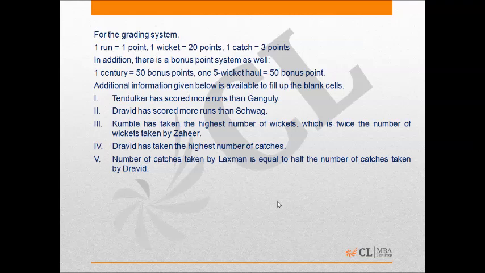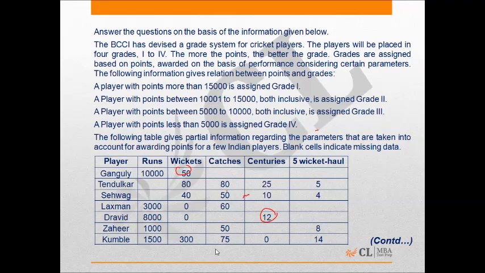Kumble has taken the highest number of wickets, which is twice the number of wickets taken by Zaheer. The total number of wickets taken by Kumble is 300, which is twice the number of wickets taken by Zaheer. Therefore, the number of wickets taken by Zaheer is 150.